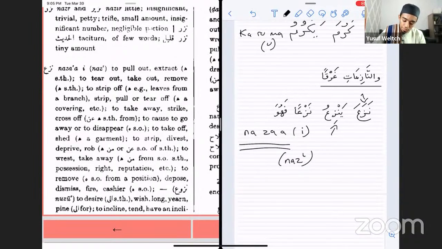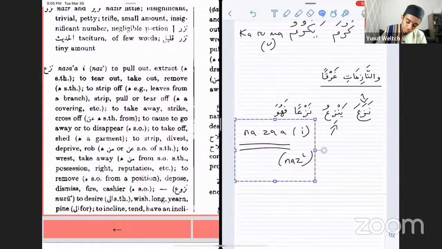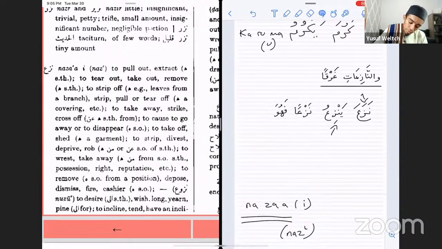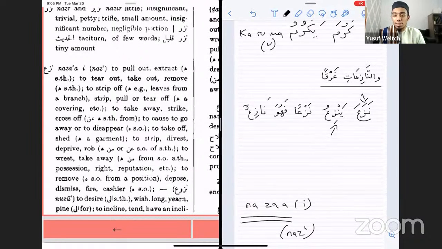What's the ism fa'il? Nazi'un, good. That's where we get nazi'at, because nazi'un is masculine singular. Feminine singular would be nazi'atun, dual would be nazi'atani, and plural would be nazi'at.